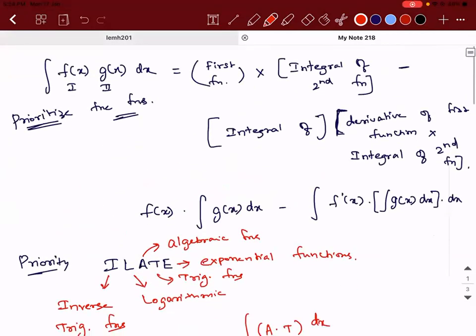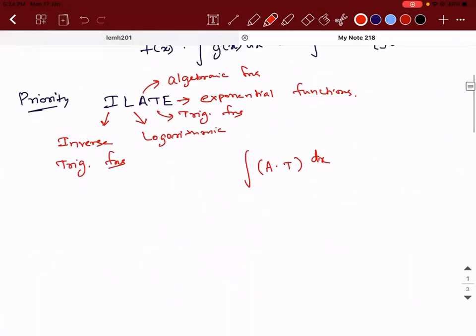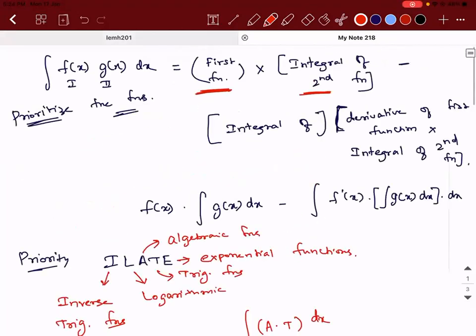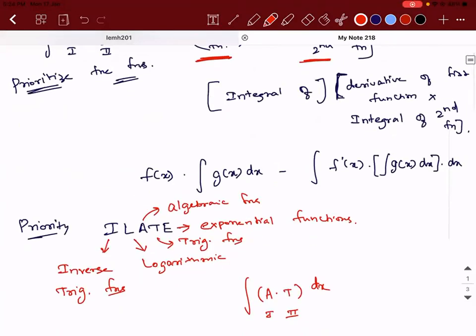Because when you're integrating, you need to write the first function without doing anything, and you write the integral of second function. So priority is important here. So algebraic will be function 1 and trigonometric will be function 2. As simple as that. Right. So please make a note of this. If there is any doubt, get it clarified.